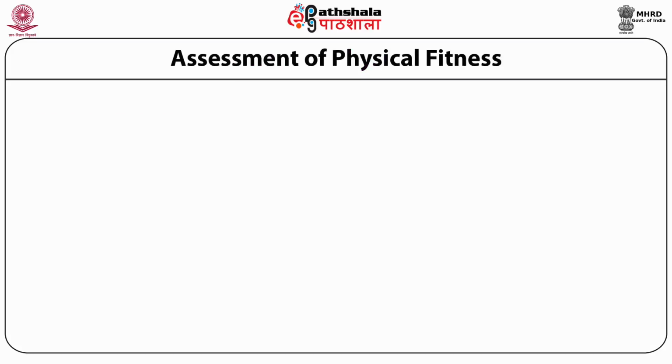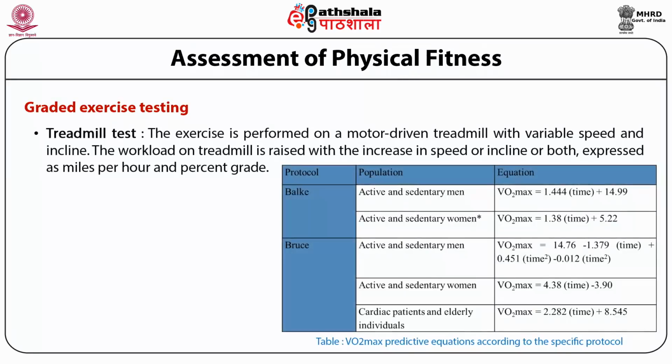Now we have studied the graded exercise test. The treadmill test is another graded exercise test. This test is performed on a motor driven treadmill with variable speed and incline. The workload on the treadmill is raised with an increase in speed or incline or both, expressed as miles per hour and percent grade.